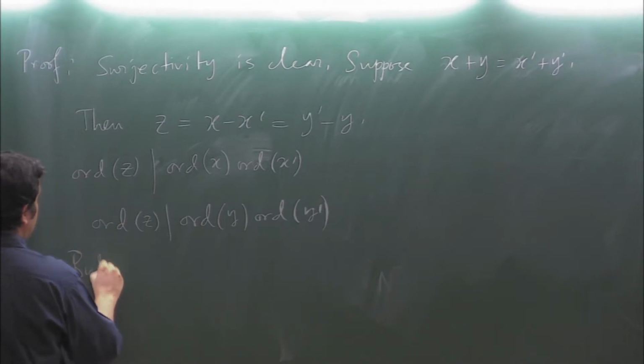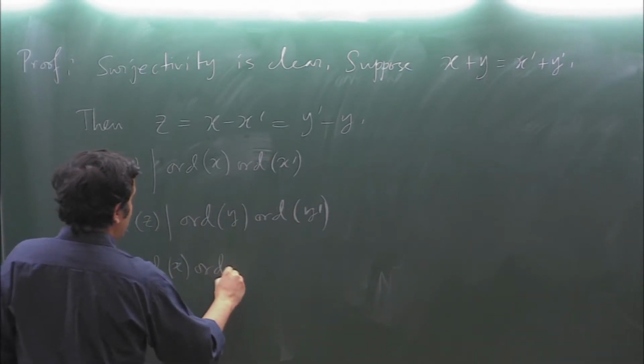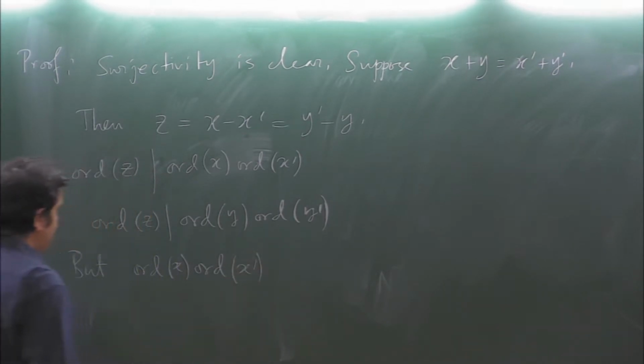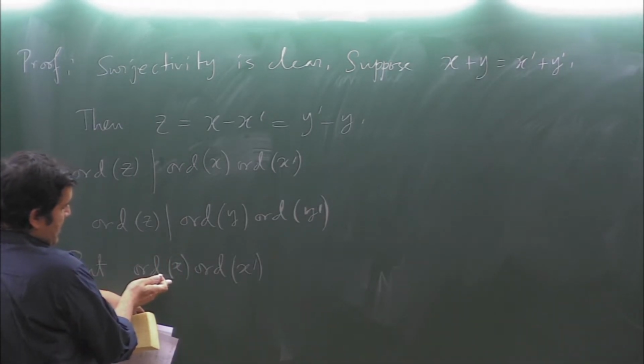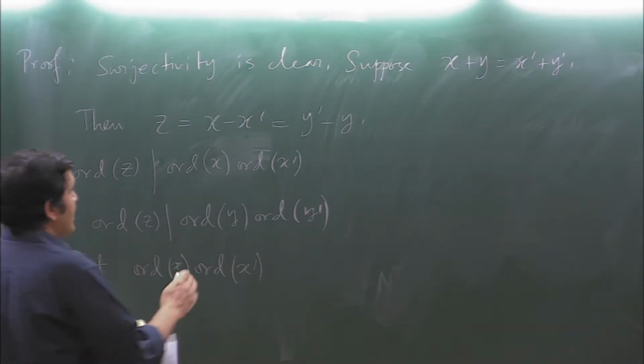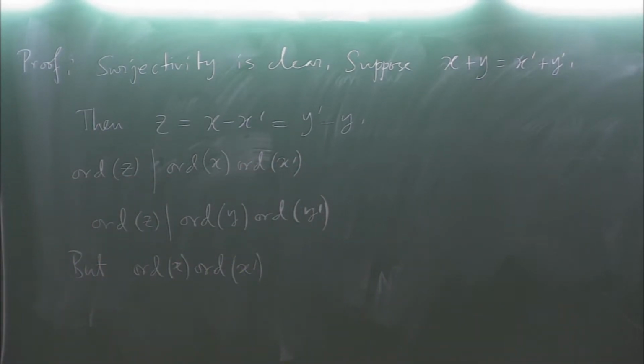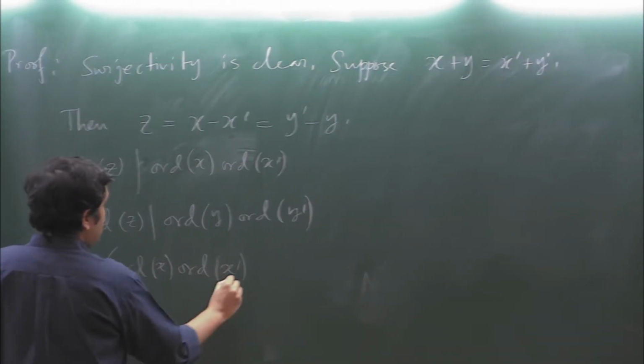But order of x times order of x prime, x and x prime both have order up to capital Q. So therefore, these are products of primes up to capital Q. Whereas orders of y are coprime with the number R, which is the product of all primes up to capital Q. So therefore, these two are coprime.